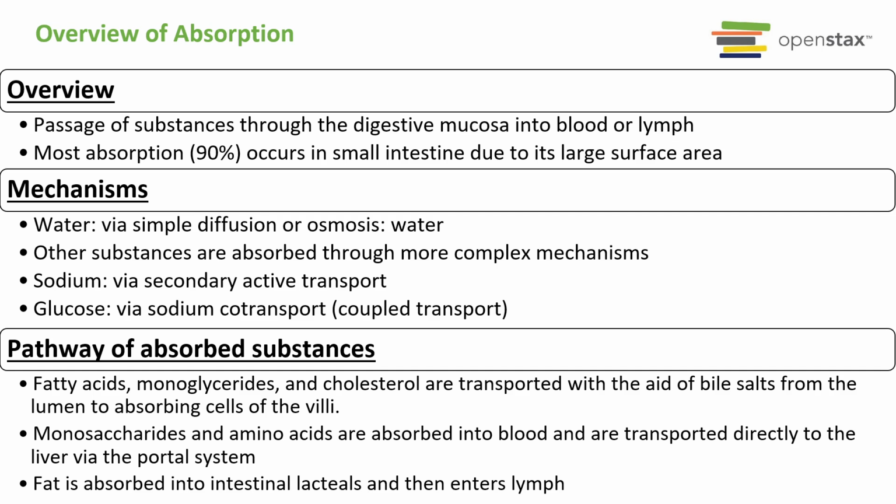And owing to the large surface area with the circular folds, villi, and microvilli, as we've highlighted in preceding lecture episodes. Now, absorption occurs through a series of mechanisms, including with water, and that happens via simple diffusion or osmosis. There are other substances, though, that are absorbed through more complex mechanisms.